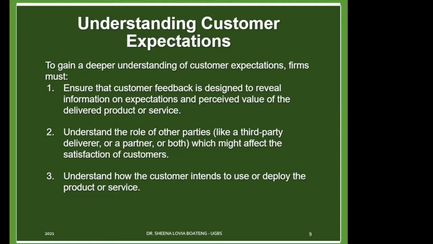So we, as marketers, need to understand how customers intend to use or deploy the product or service that we offer them. Once we understand how they intend to deploy it, it will influence to a large extent how we put the product together. It can influence everything from the product design to the product formulation to even the product packaging. Because you realize that toothpaste that is designed to be sold to children is different from toothpaste that is designed to be sold to adults.